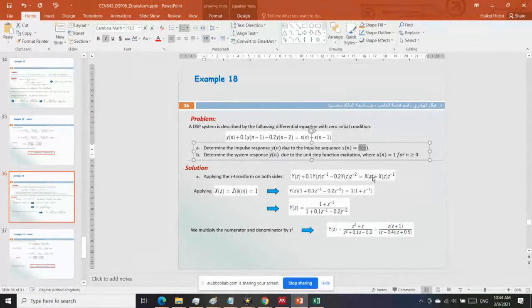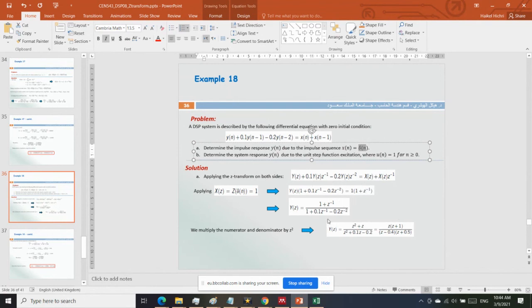So X(z) here is replaced by 1, 1 here and 1 here. It becomes 1 plus 1 times z minus 1. So it's 1 plus z to the power minus 1. So we replaced X(z) here by 1.